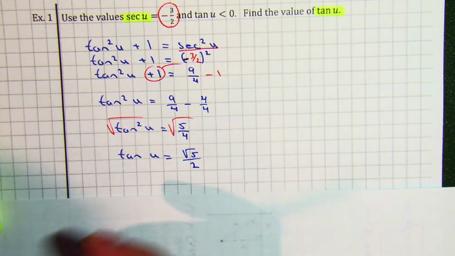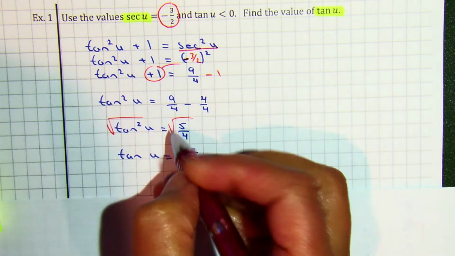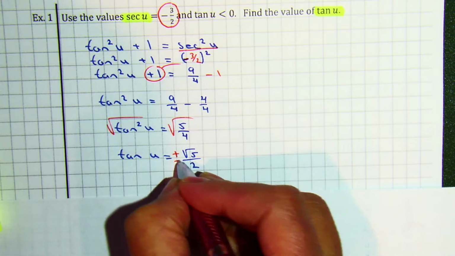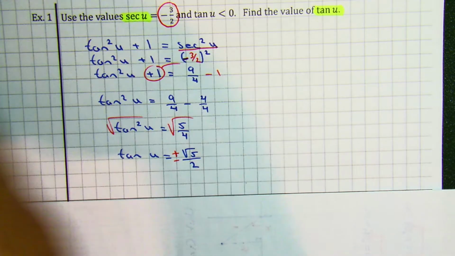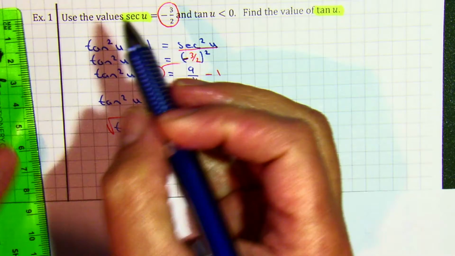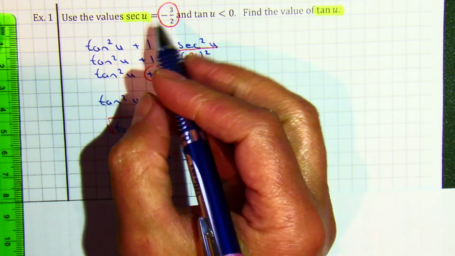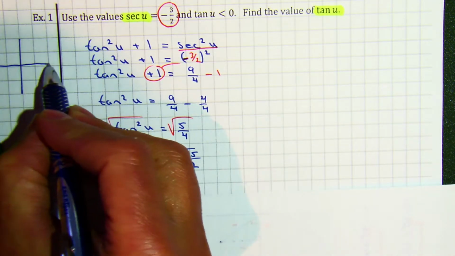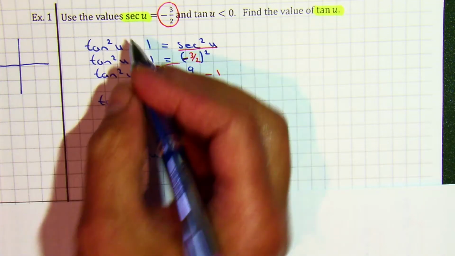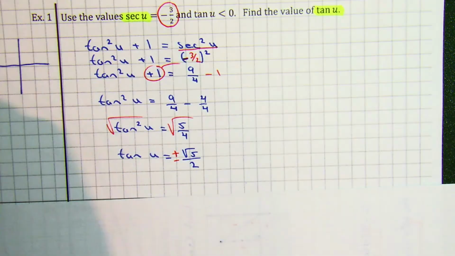But I'm missing something, right? Every time we take the square root, we need to have a plus or minus. So I need to decide whether my answer is positive or negative. I'm going to make an x and y axis for secant is negative. Secant is the reciprocal of cosine, and that's your x value.